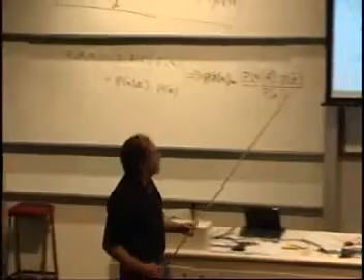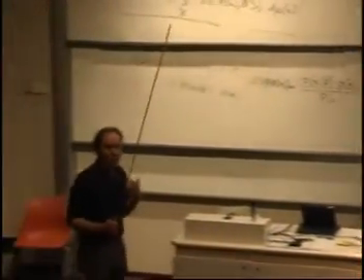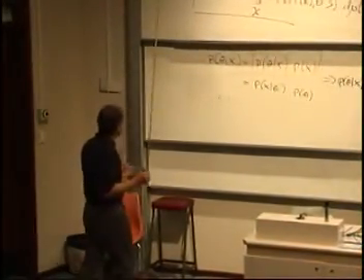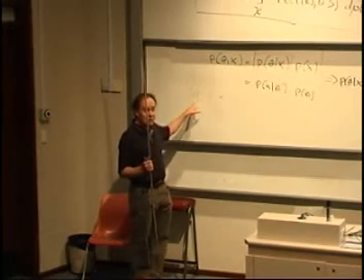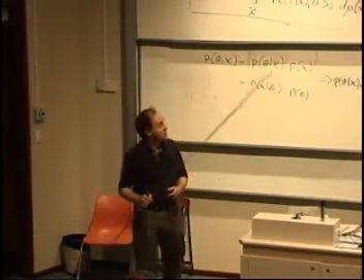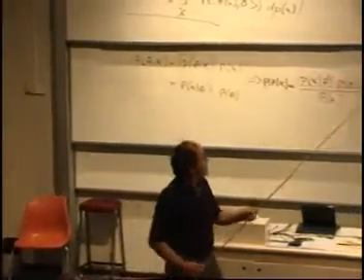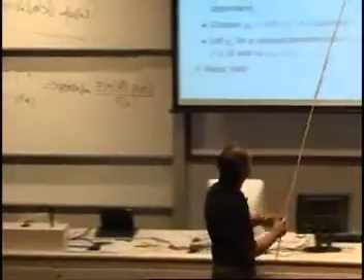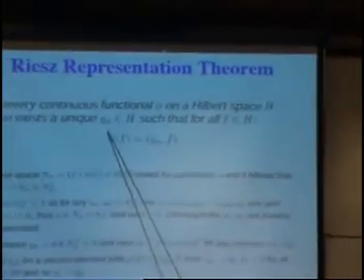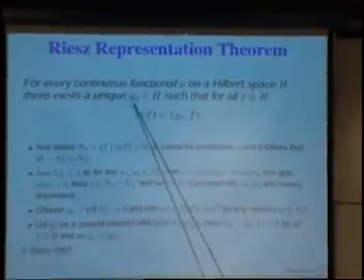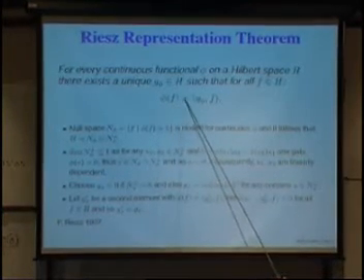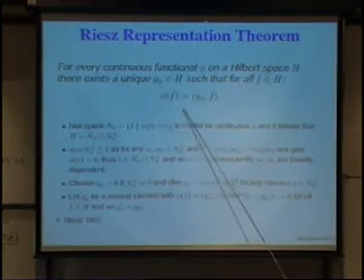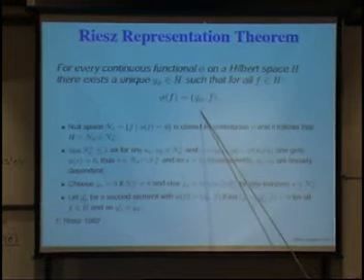And so we assume it's continuous or bounded, which is the same thing here, in terms of our Hilbert space metric, in terms of our Hilbert space topology. So if we know that that's the case, then there's a unique element in our Hilbert space, which I call g phi here, such that we can actually write this phi of f as a scalar product.